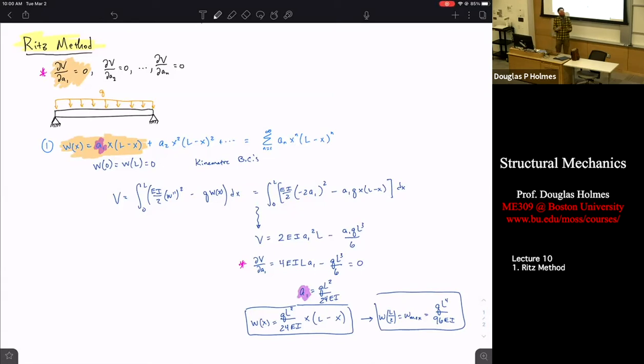At this point, you could go to your second term, third term, do this again. The nice thing is this is iterative. So what you can do is calculate the first term and then go back to your total potential energy, add in the second term. Now remember, you'll still only have one unknown.